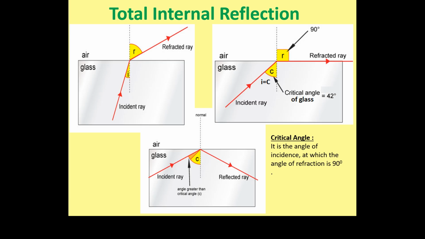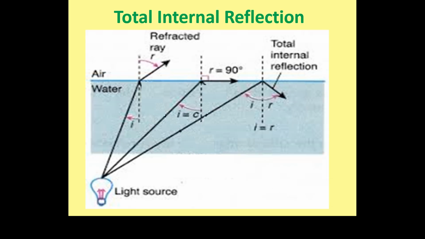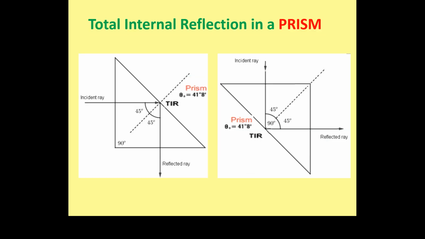So this is how total internal reflection takes place. During this positioning, the angle of incidence is equal to the angle of reflection. These are some of the values of refractive indices of different mediums and their critical angles accordingly. So this is the overview of the entire phenomenon of TIR.